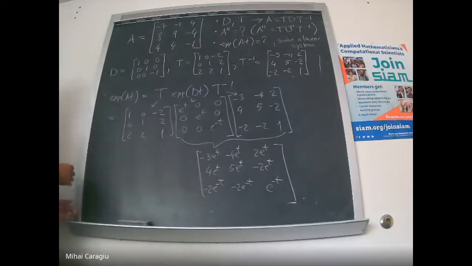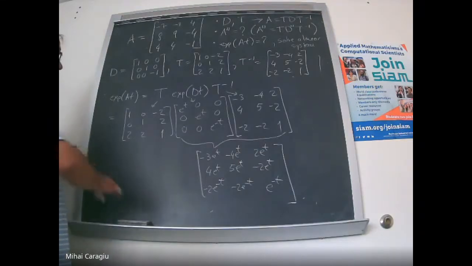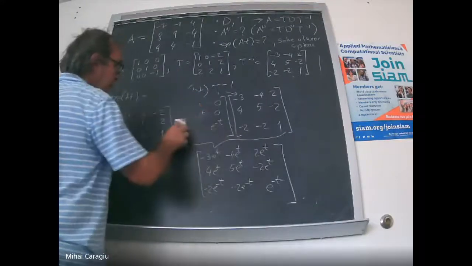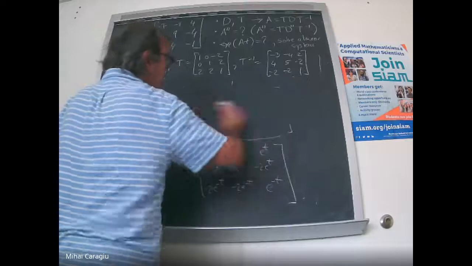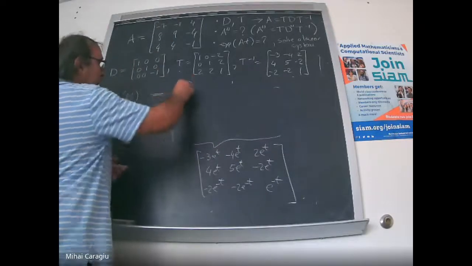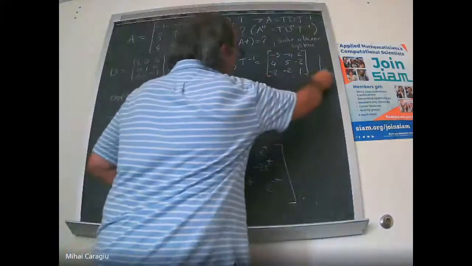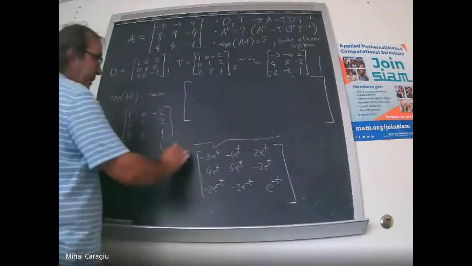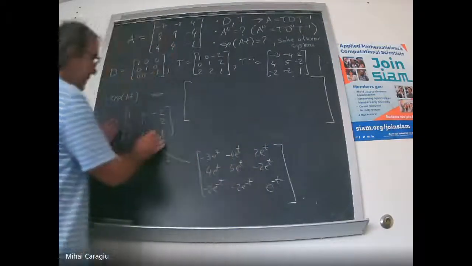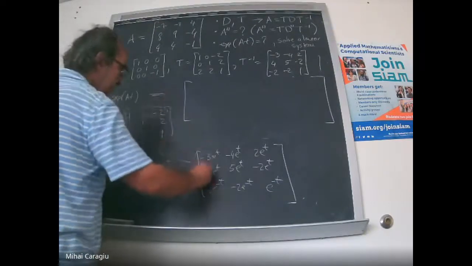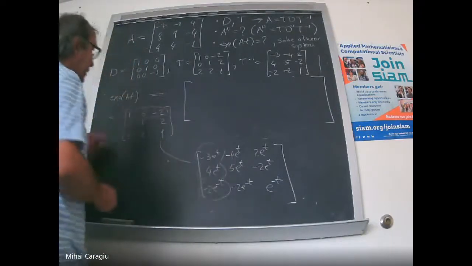So let's see. Okay, let's try to add some space here. Let's keep exponential of At equals, so multiply the product of these two, on the left this one, on the right the other one. Okay, let's do first row, first column.